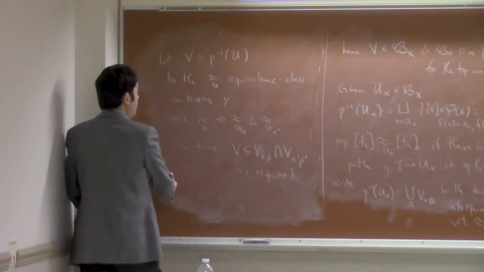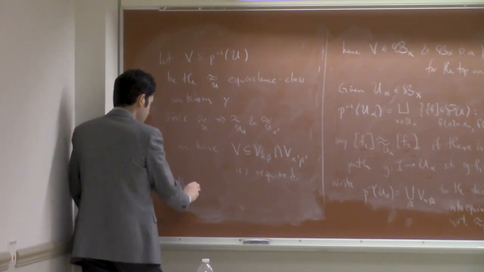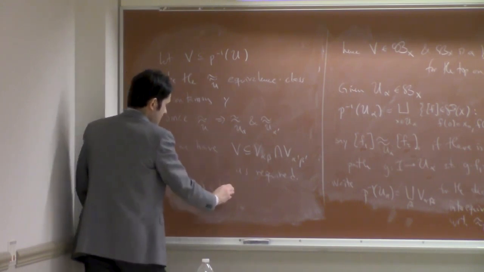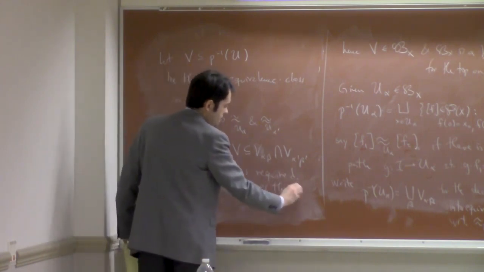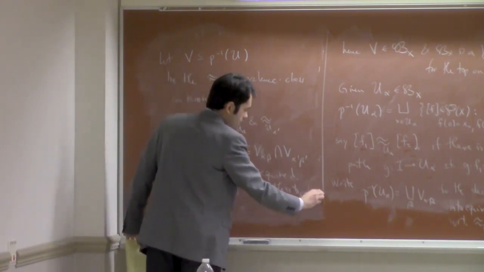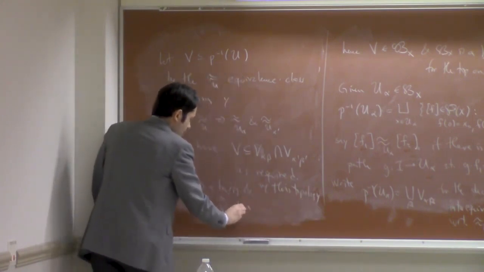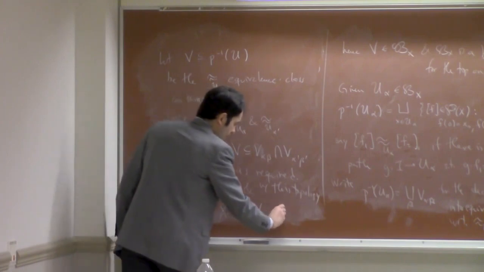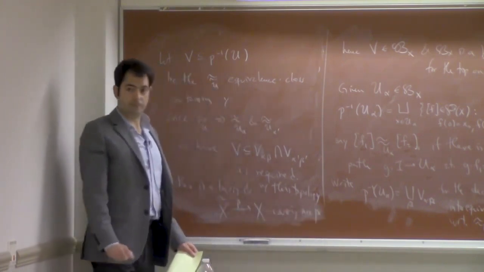So this is a basis. And with this topology, this is a covering map. Okay?